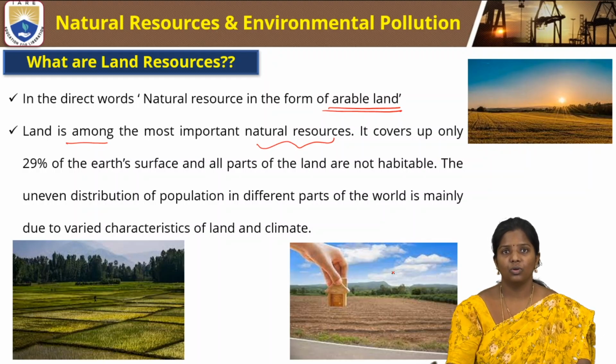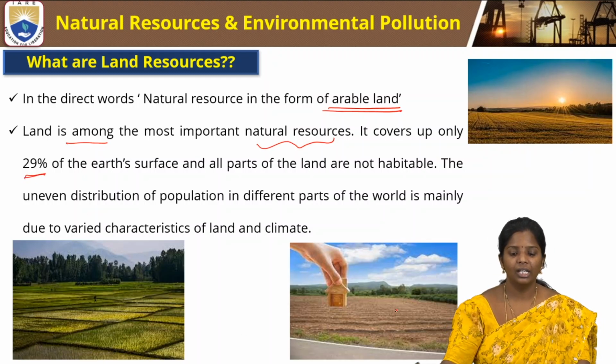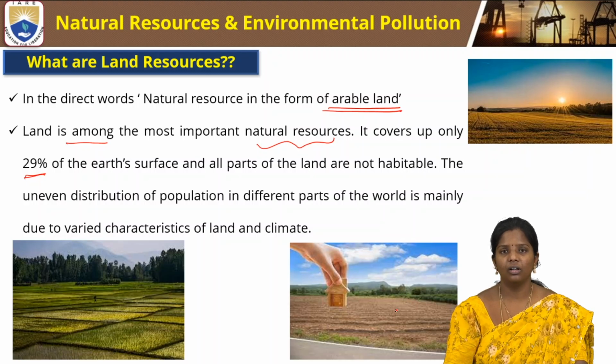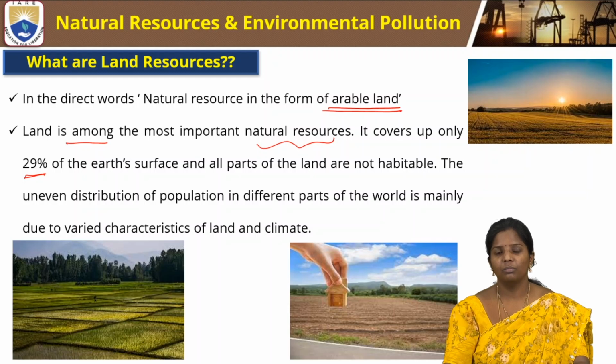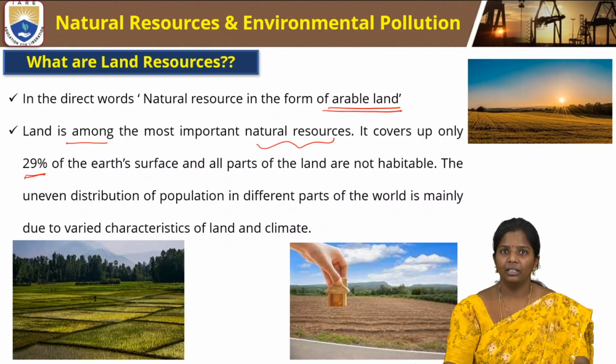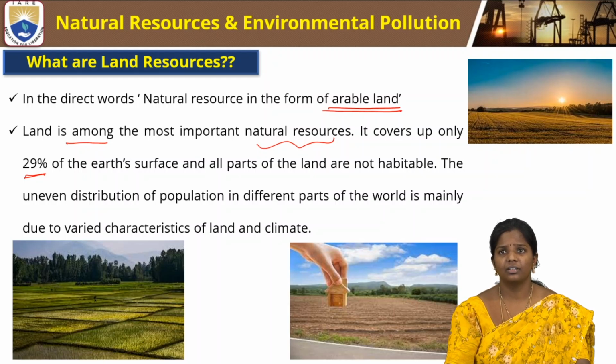It covers about 29% of Earth's surface, and not all parts of land are habitable. It means all the land cannot be utilized by mankind, only the 29% of the Earth's surface, and also some of the parts are not habitable or not used for living.